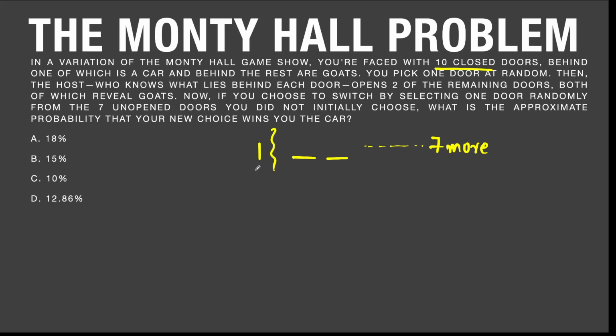The first one was choice 1. The two remaining doors have been opened, and both of them have goats in them. 7 doors are such which are a mystery.